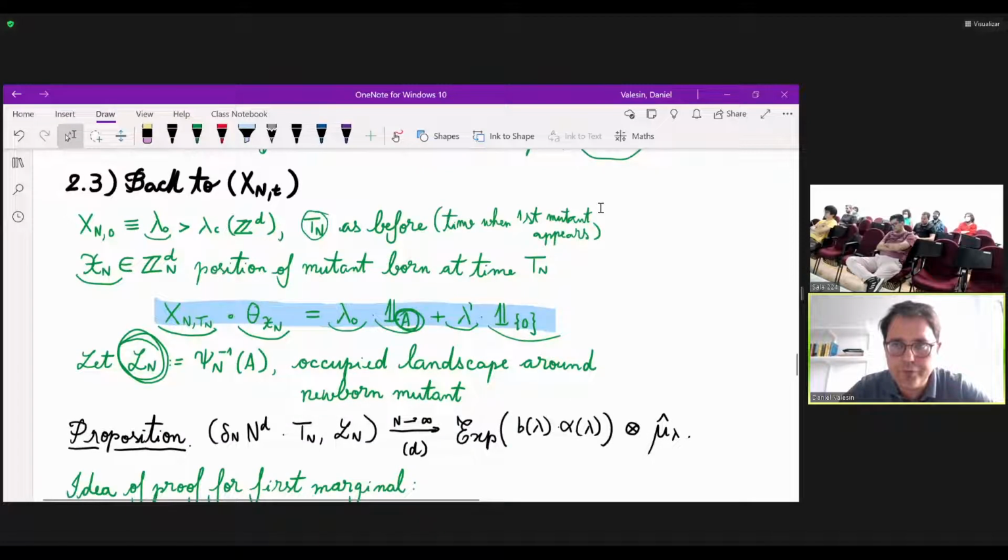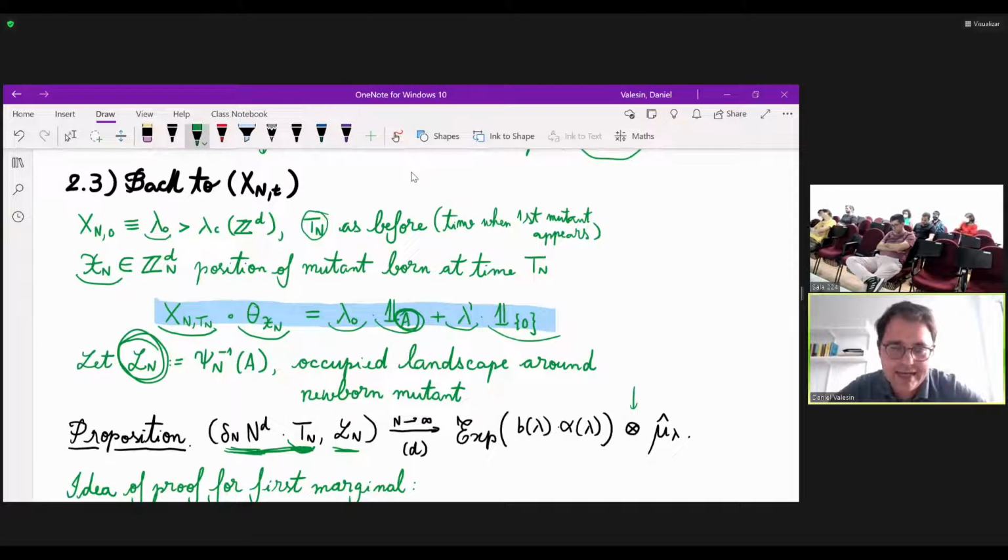And then we prove this proposition here, that if you take this pair of random variables, on the one hand, you take the time for the mutant to appear, rescaled, as our choice of rescaling is this, and the landscape around the mutant, this converges in distribution to a product measure. So asymptotically they become independent.